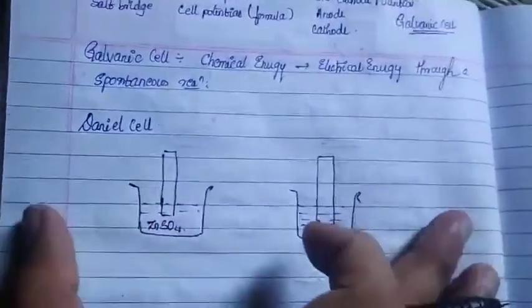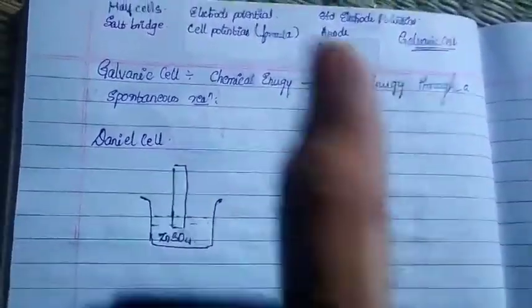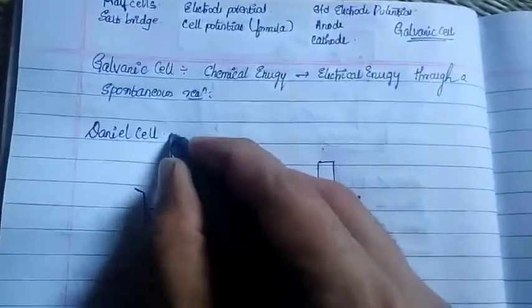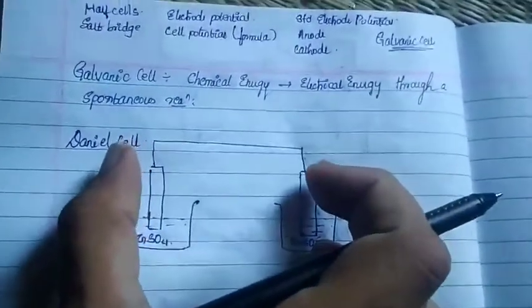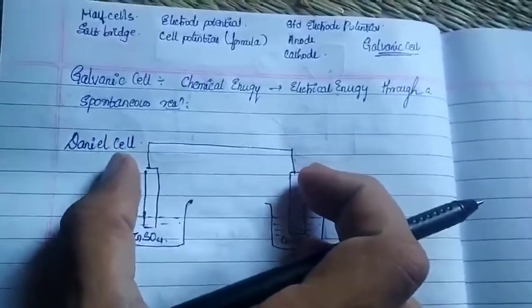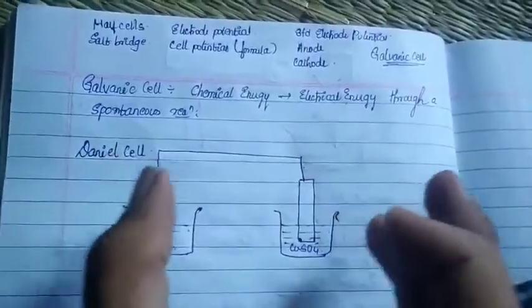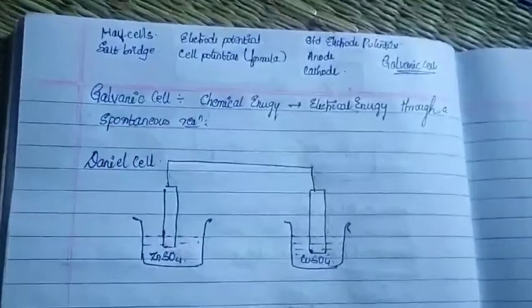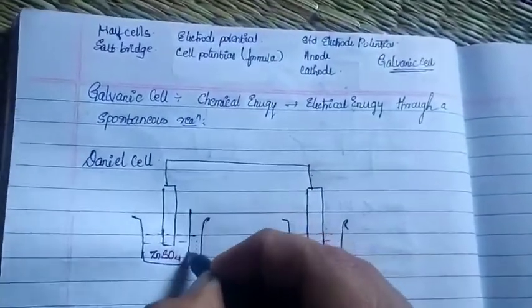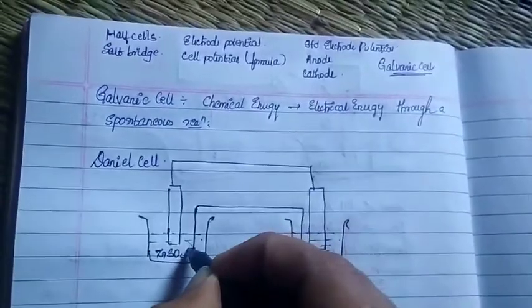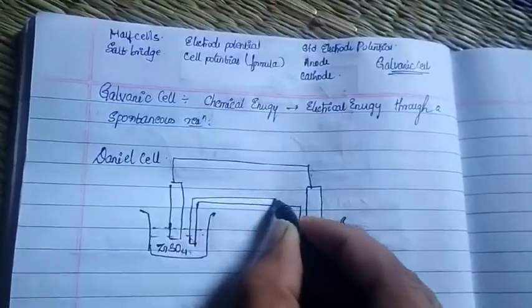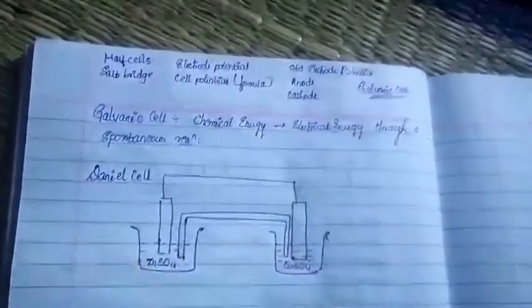Externally, the whole cell is interconnected through a copper wire. Externally I am connecting the two electrodes of the cell with a copper wire, and internally both of these are connected through a salt bridge.